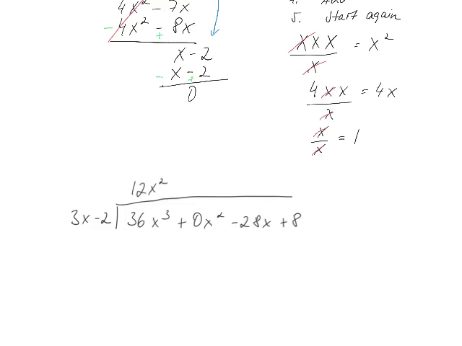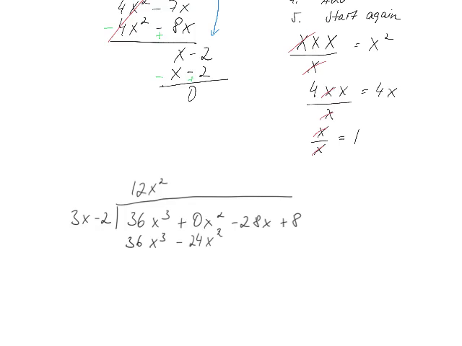So we multiply this back. 12x squared times 3x gives me 36x cubed, and 12x squared times minus 2 is minus 24x squared. And here we see why we need to add the power in, even though it is 0x squared.